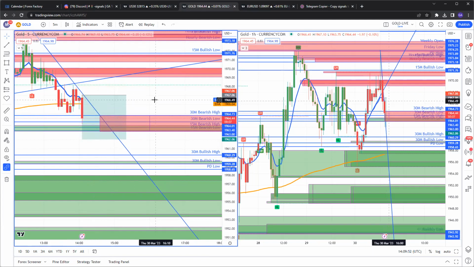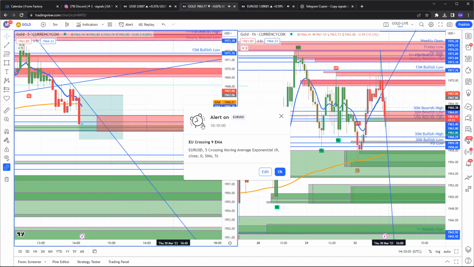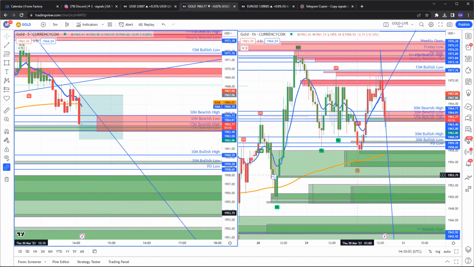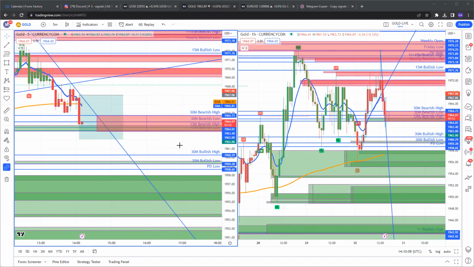So here's where you just do your math, right? I risked 0.5% for this trade. Trying to see. So we got that alert on EU. Personally, I will close this trade out here.